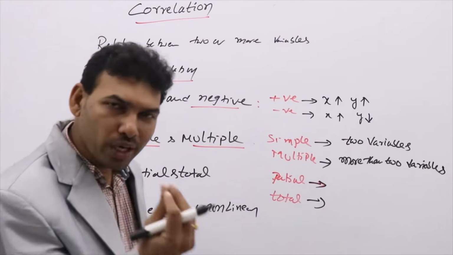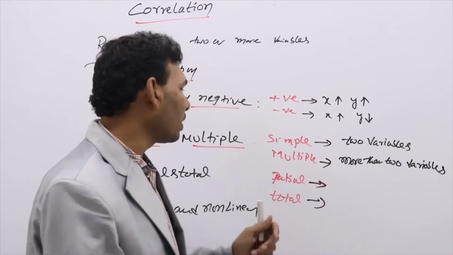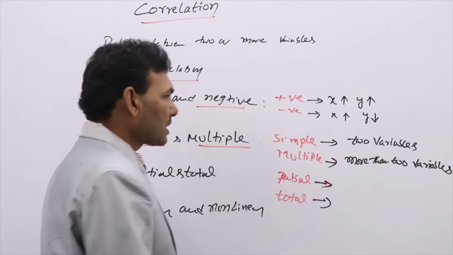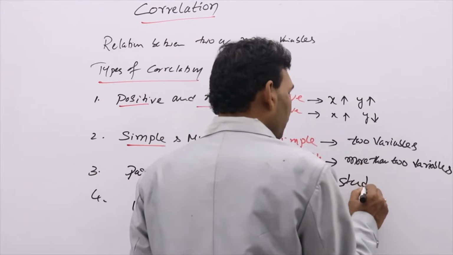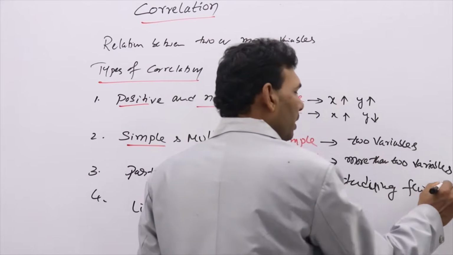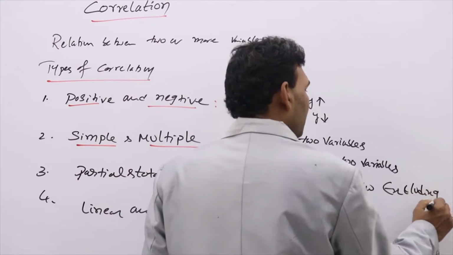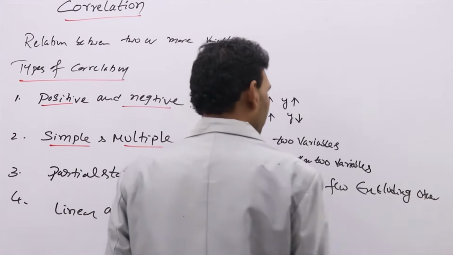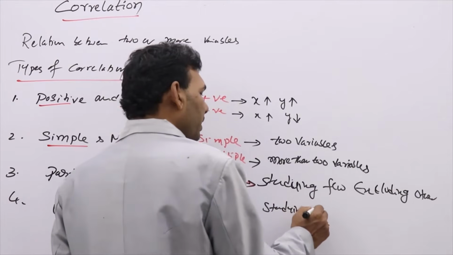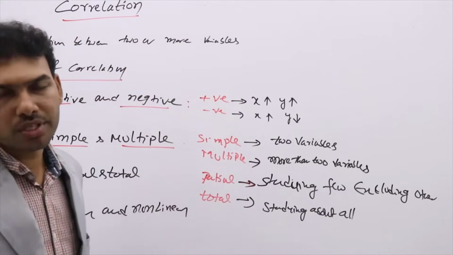If you consider only two variables, if you see the relation between only two, we call that partial correlation. Studying a few, excluding others. Total correlation means studying about all the variables.